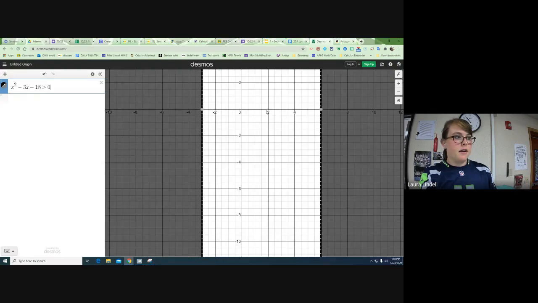And the nice thing is that the graphing calculator, Desmos, will do this if you have something that factors nicely and has good values, or at least somewhat exact values. The problem is when it's an irrational number, Desmos isn't going to tell you, when you click on it, that this is 2√2 or something like that.